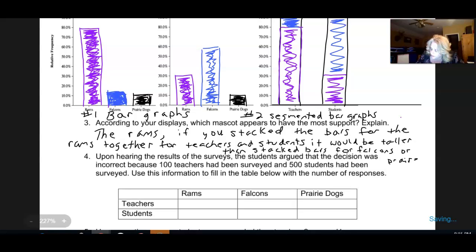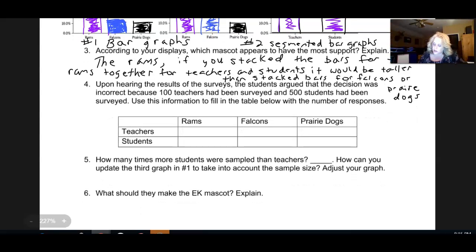I ran out of room here. So if we were to stack the bars for the Rams, that would definitely be taller than either of the other two.